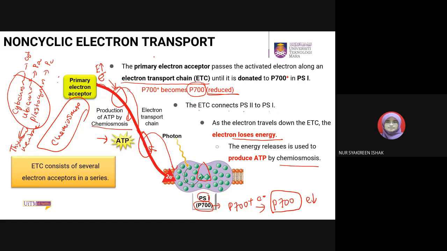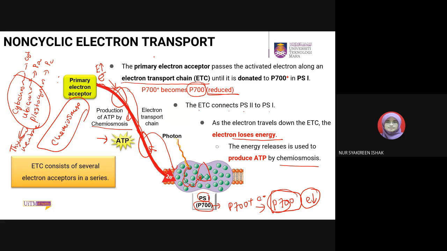Bila electron tu di-receive oleh P700 plus to become P700, electron of P700 ni has low energy. Okay, so how to excite the electron of P700? So sama macam proses kat photosystem 2, dia akan absorb photon juga. Photon will be transferred from one accessory pigment to another accessory pigment until it reaches the reaction center of photosystem 1. Okay, so sebab tu nampak kat sini arrow dia ke bawah, sebab nak menunjukkan energy of electron will be released.